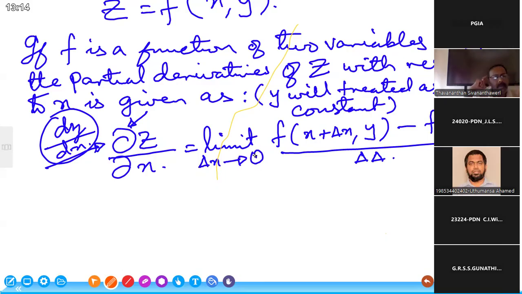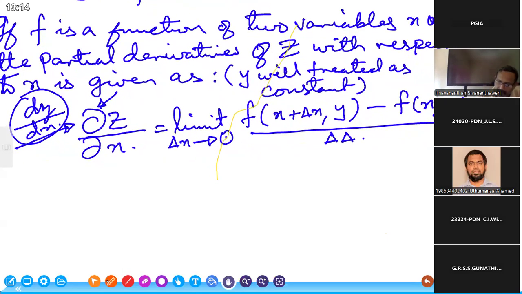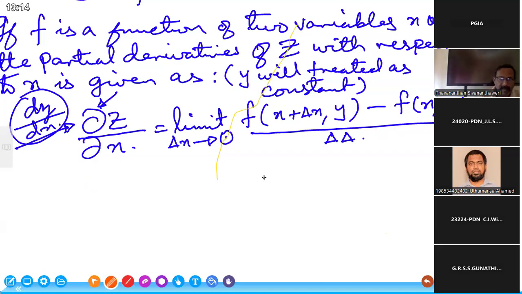This is how the theory says to find the partial derivative of a function. Here we are finding the partial derivative of z with respect to x.